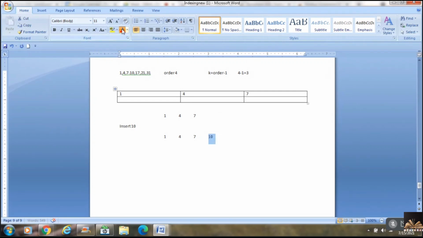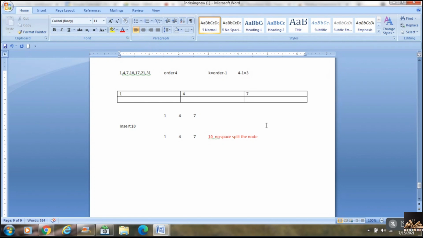Since there is not enough place, no space, what do I have to do? I have to split the node.